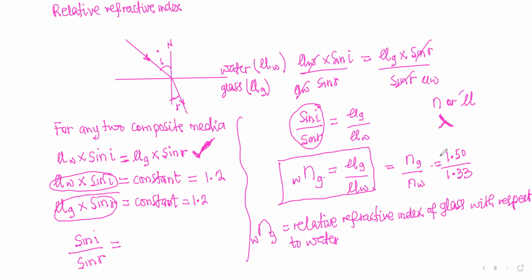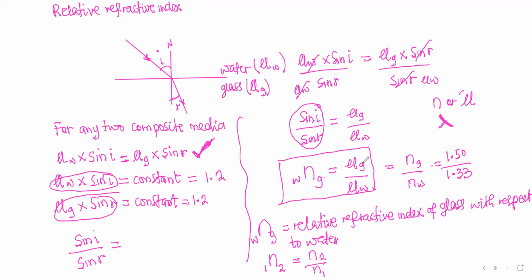So for two different media, 1 to 2, we can say that the relative refractive index is the absolute refractive index of the second medium, N2, divided by the absolute refractive index of the first one. Look at what we have here.